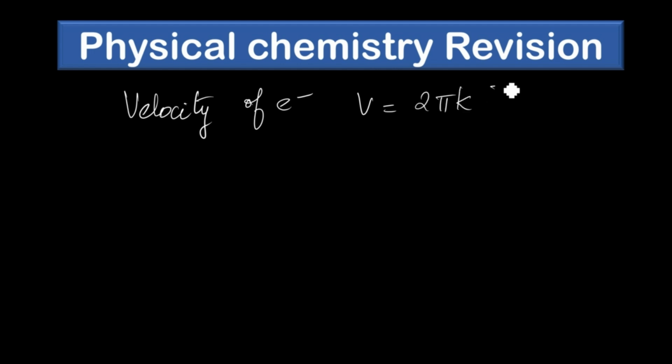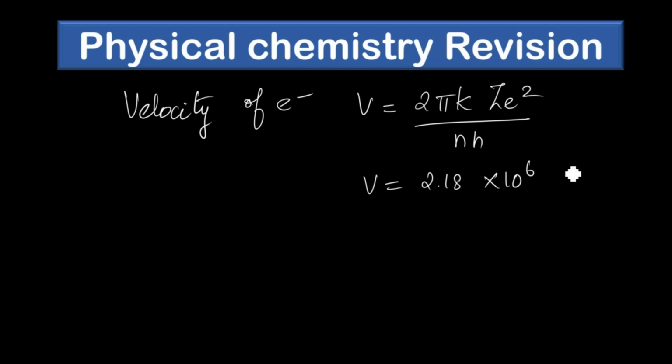Other than this, if they are asking for velocity of electron, then v is equal to 2 pi k Z e square divided by nh. In the simplest form, you can write it by substituting the constant values as Z by n, in meter per second.